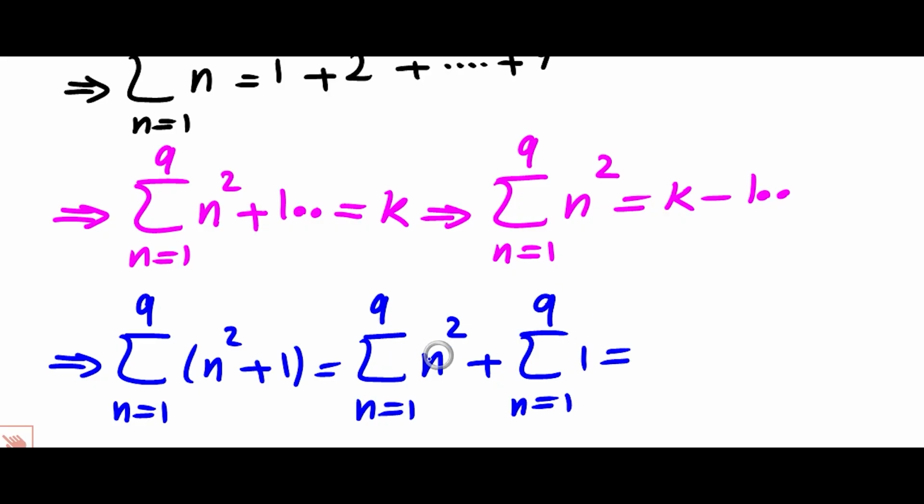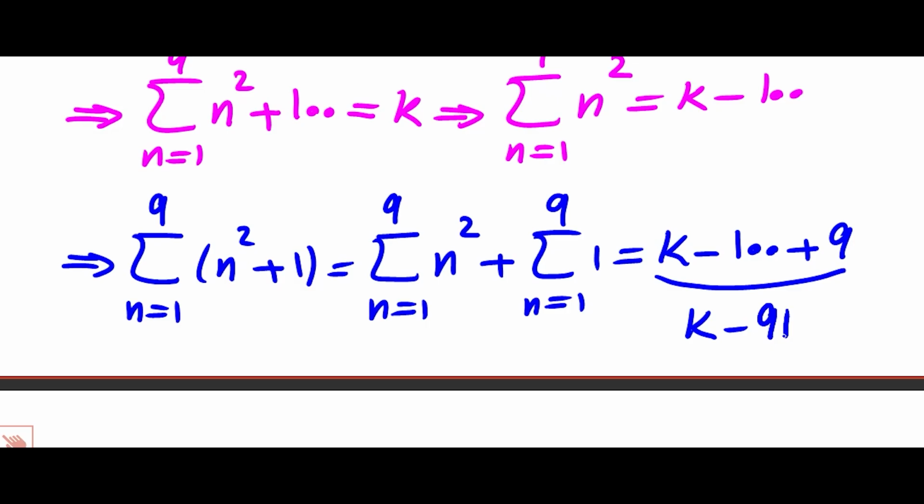According to this, it is k minus 100 plus 9, since the sum of 1 from n equals 1 to 9 is 9. So the final answer is k minus 91.